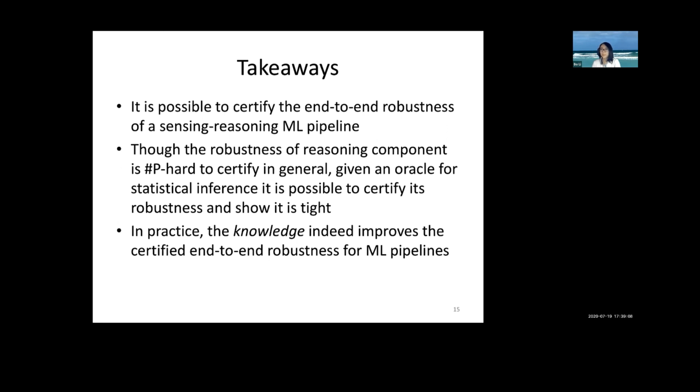And in practice, we know knowledge can indeed improve the certified end-to-end robustness for the machine learning model pipeline, which can help to certify a larger magnitude of perturbation compared with current certified robustness for single neural networks. However, the important next step for us is to understand and efficiently collect robust knowledge to improve the certified end-to-end robustness.